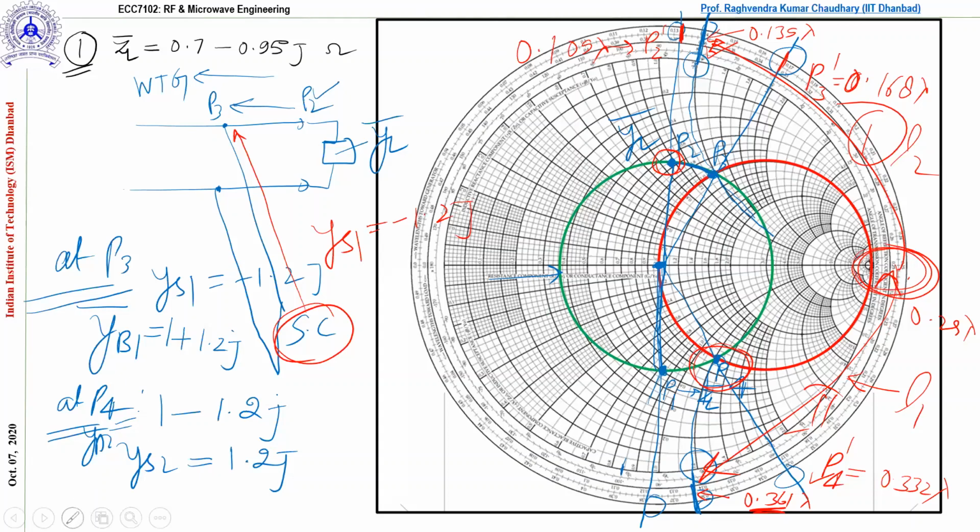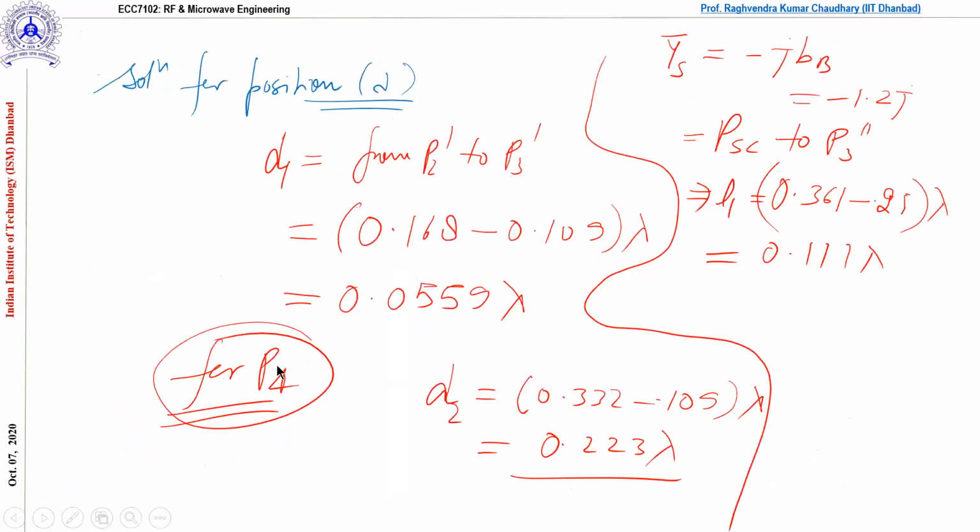In the same way, you can write the solution for YS bar when it is plus JBB, it means 1.2J. So in that case, what will happen? The L2 will be from P_SC to that point, which is, let's say, P4 double dash, and this can be done.